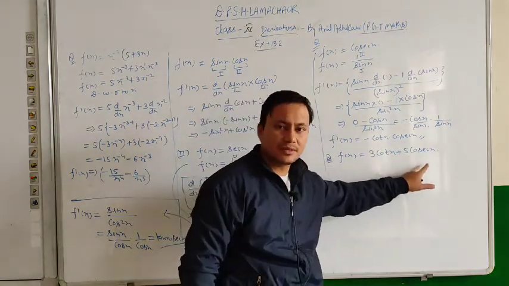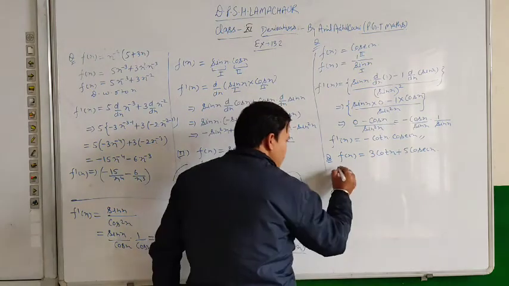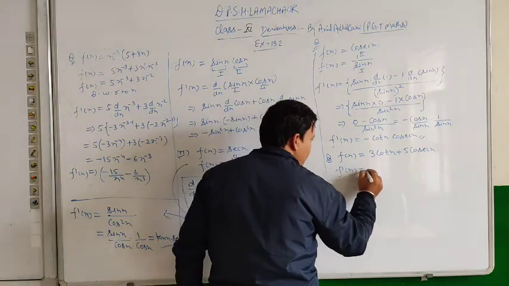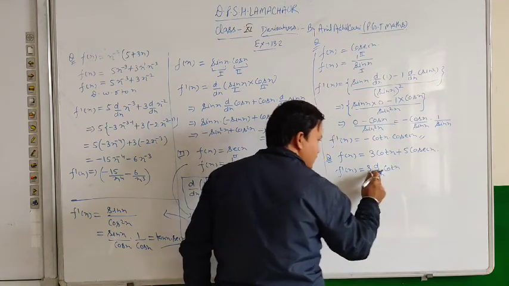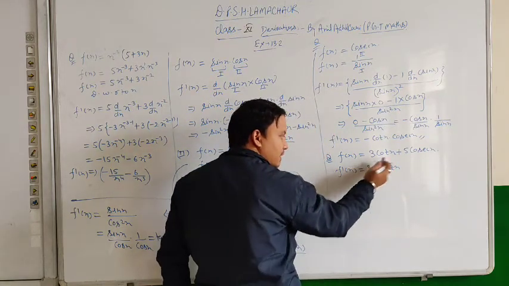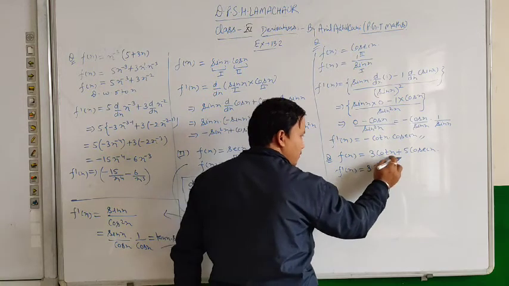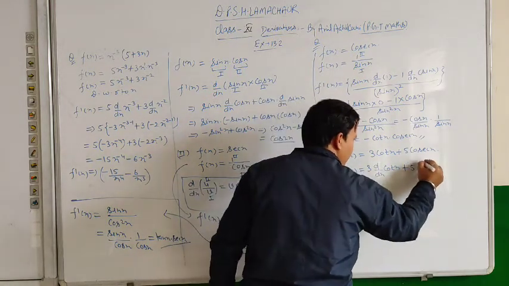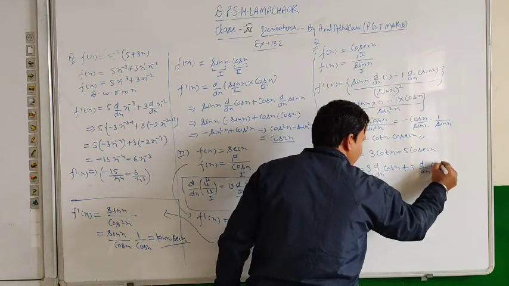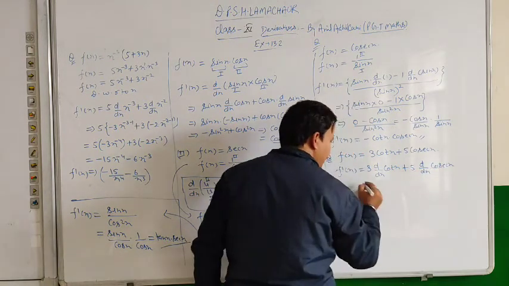So, we will just use the formulas to differentiate it. So, f dash x is equal to 3 times d by dx of cot x. 3 is a scalar quantity, so take it out. Derivative of cot x, plus 5 is a scalar quantity, so take it out. Derivative of cosec x. Okay.